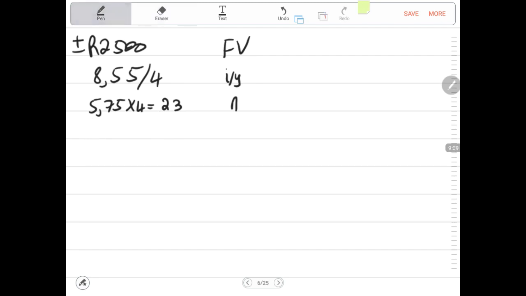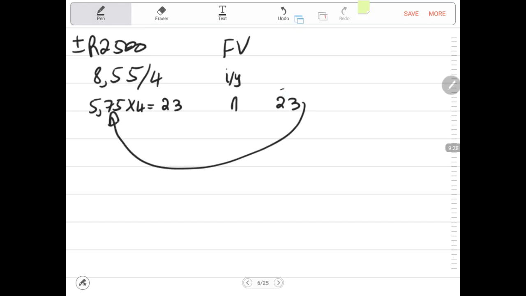Now I also want to highlight this because in the later calculation we will deal with this. If we say the number of compounds over the investment period is 23 times, now we need to be able to convert this back into the number of years. Take note of that.